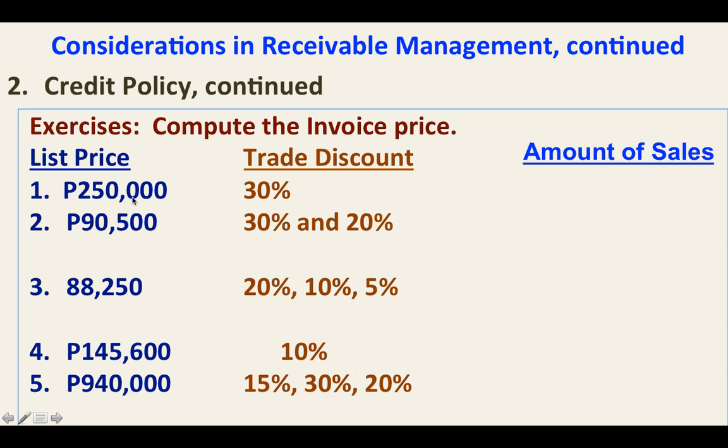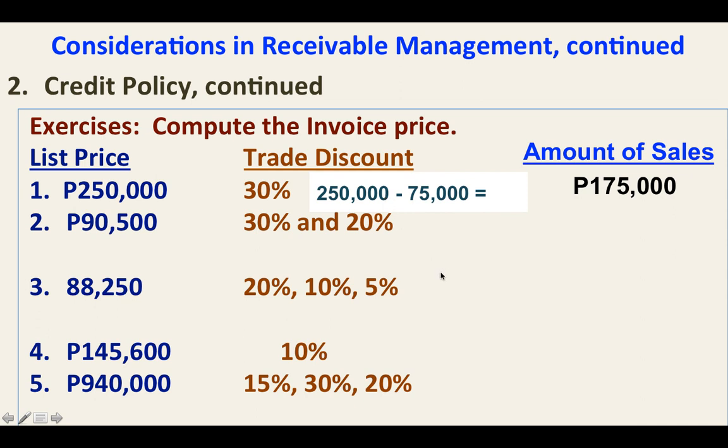If the list price is 250 and the trade discount is 30%, the normal calculation will be 250, we get the discount of 30%, so that will be 75. Then we subtract this 75 from the 250. So 250 minus 75 will give you 175. Okay? Here we have two calculations.